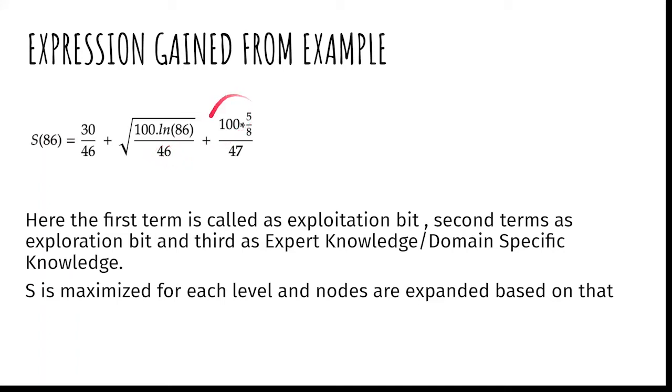Plus, and this is the expert's opinion term, 100 into the probability that the expert is bound to play it, 5 out of 8 times, divided by the 46 plus 1 times you've played at that child node, right? So for each level, you choose a child node with the maximum S value, and you play that.